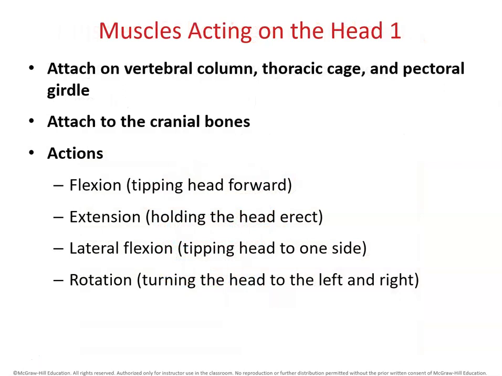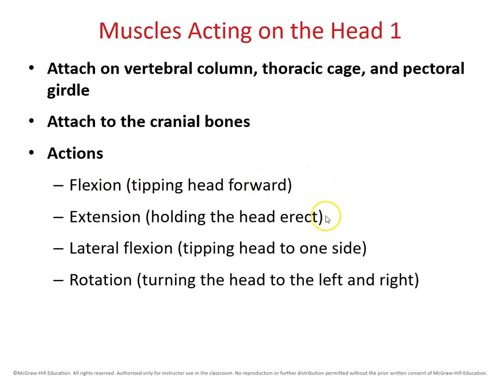Then we have muscles that support the attachment of the cranium to the vertebral column and also support the attachment of the thoracic cage and the pectoral girdle to the vertebral column. Okay, and this allows the cranial bones to attach as well. So we can tip our head forward, that's called flexion.